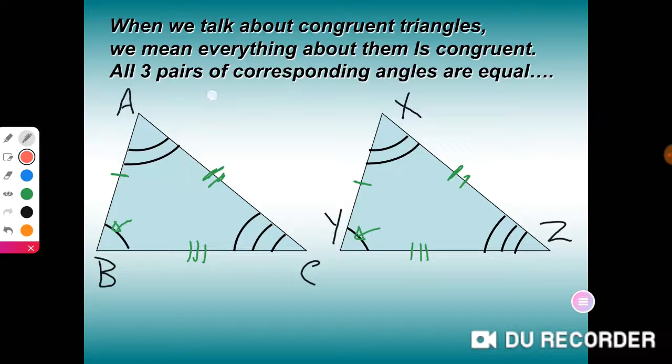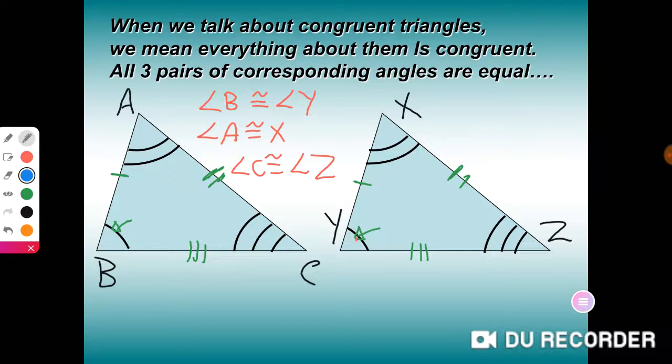Okay, I can say that angle B is congruent to angle Y, and angle A is congruent to angle X, and angle C is congruent to angle Z. Okay, and these are the corresponding angles.